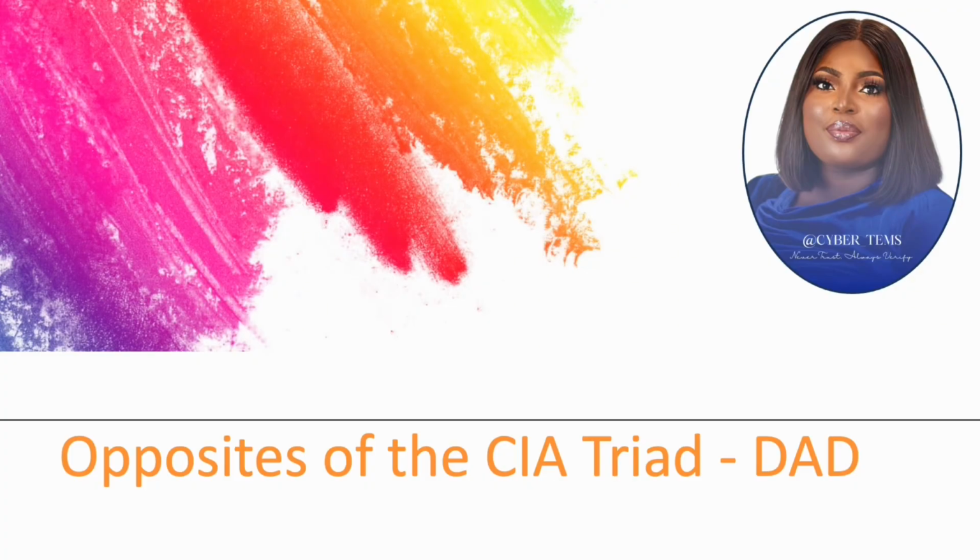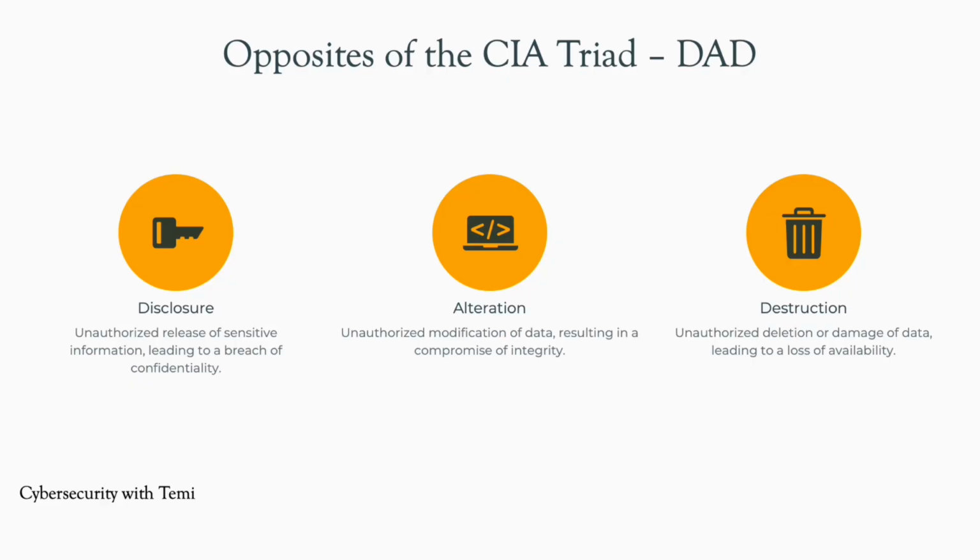Now let's talk about the opposite of the CIA Triad: confidentiality, integrity, and availability. So in today's video, we'll be focusing on their opposites, commonly referred to as disclosure, alteration, and destruction, also called DAD. So you see that cybersecurity is actually very simple and easy to understand.